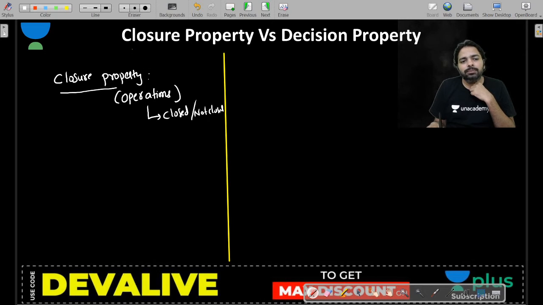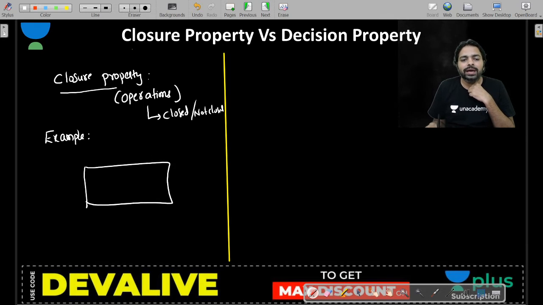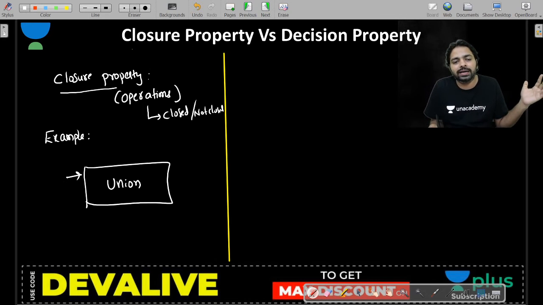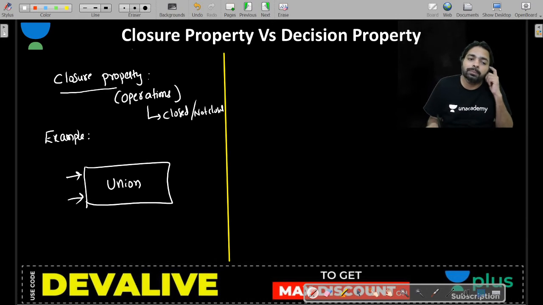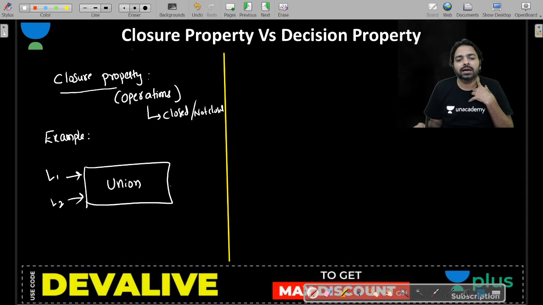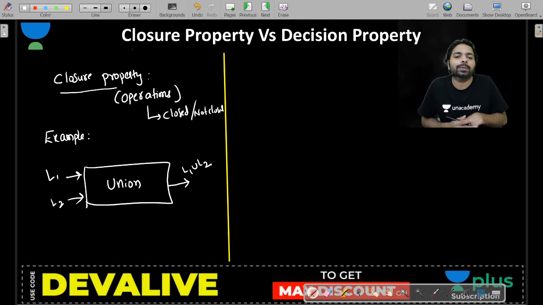Here, let's say union. I am talking about union as an example. If you are applying union, now the domain is important. Are you taking regular languages? Are you taking finite languages? Are you taking infinite languages? Are you taking DCFLs? Are you taking CFLs? Right? So input is very important. If you take L1, L2 from the same domain, we will look at whether L1 union L2 belongs to the same domain or not.